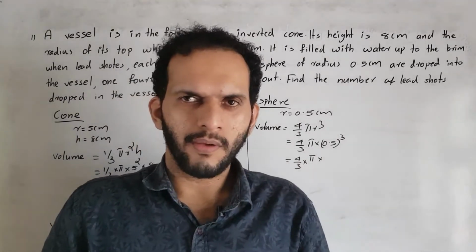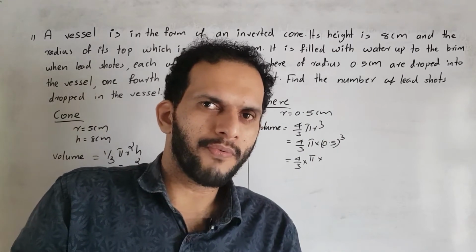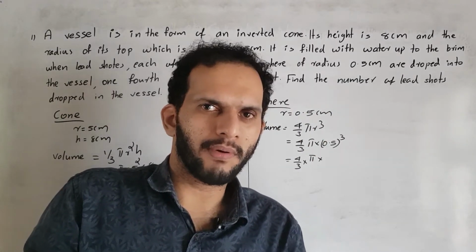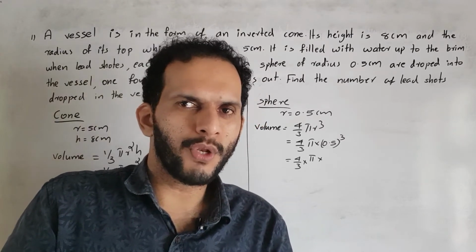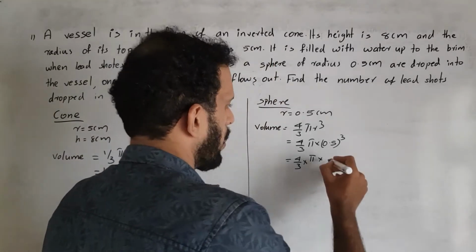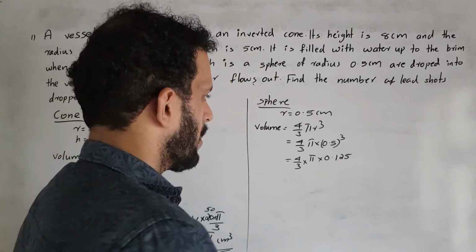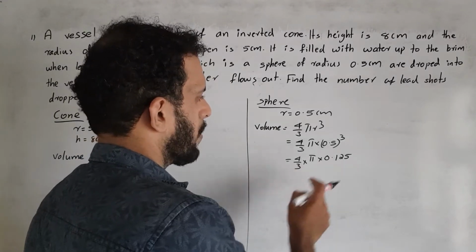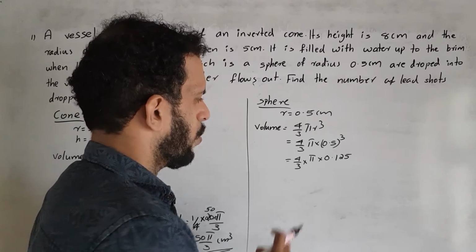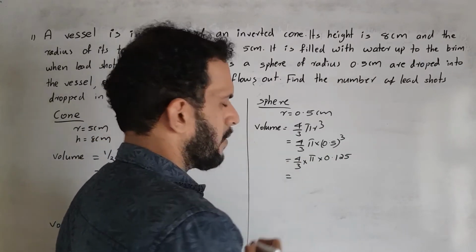First we ignore the decimal point, so we get 5. 5 into 5 is 25, 25 into 5 is 125. Then we put the decimal point after 3 digits, so we get 0.125. Is it possible to reduce 0.125 and 3? No, so we multiply 4 and 125.